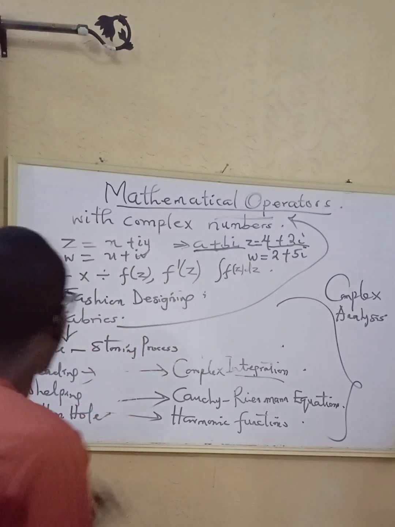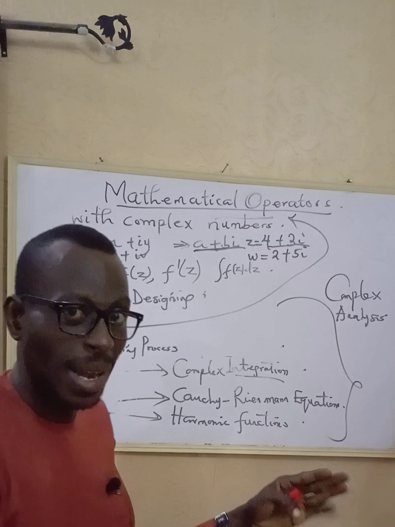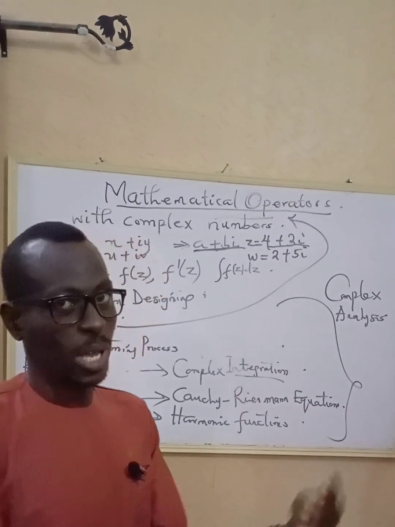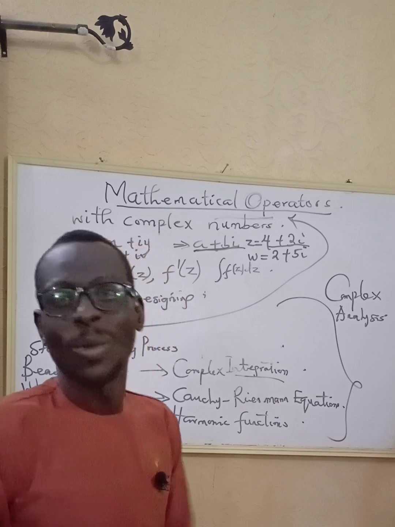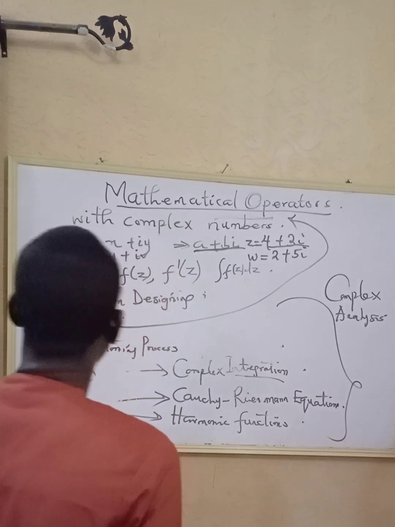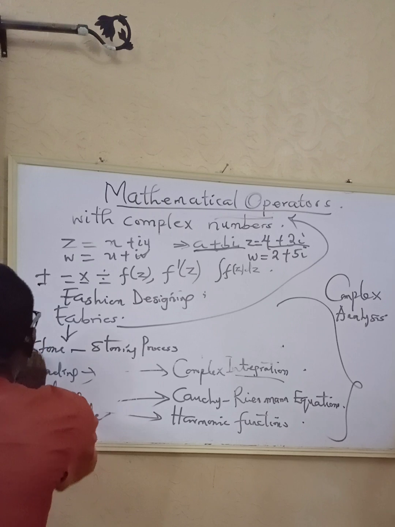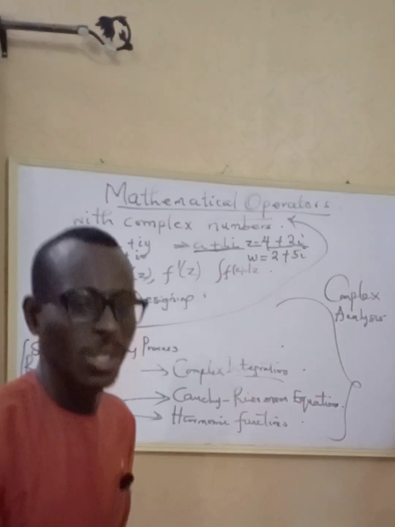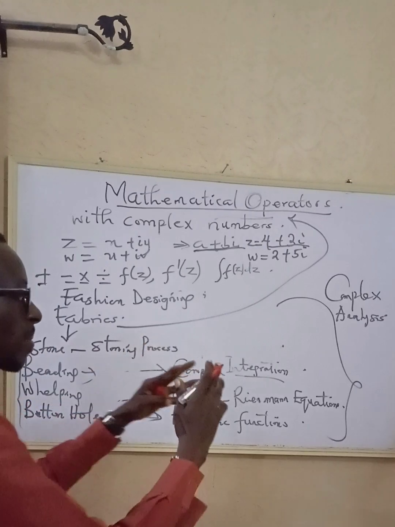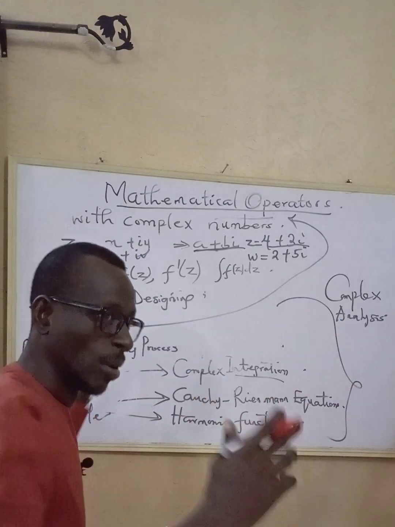We also have positive, negative, multiplication, division. Those are elementary tools, like we have the needle in fashion, the zip, the thread, the hook. But these are major equipments that are used for a complex situation. So that is just about the mathematical operators with complex numbers.